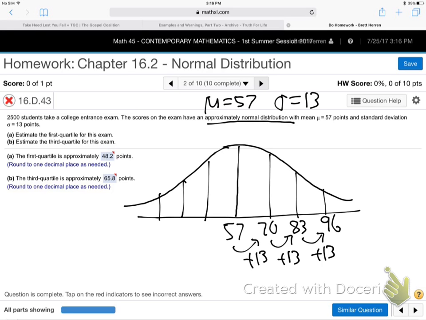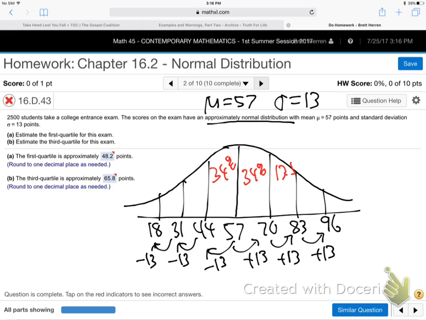Minus 13, 44, minus 13, 31, minus 13, 18. And then the percentages are always the same. So I'll write those in there again. 34%, 34%, 13.5, 13.5. Going to have them memorized pretty soon, I bet.